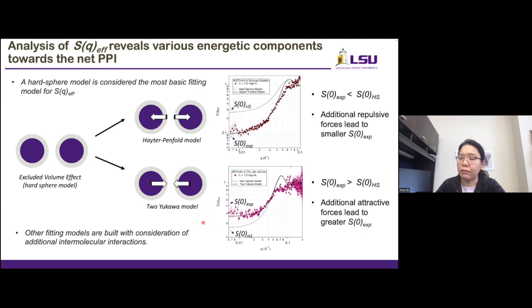So in a nutshell, by fitting the structure factor profiles using different models, you can get some ideas on what the various energetic components are that collectively contribute to the net protein-protein interaction.